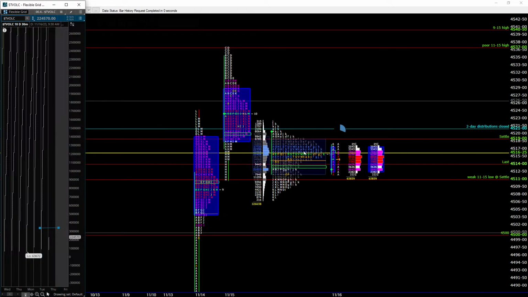Right now, the market has opened below yesterday's value area. Notice what yesterday's POC is. This is a white POC. It's very, very wide as well, because 1, 2, 3, 4, 5, 6, kind of like 8 levels here.